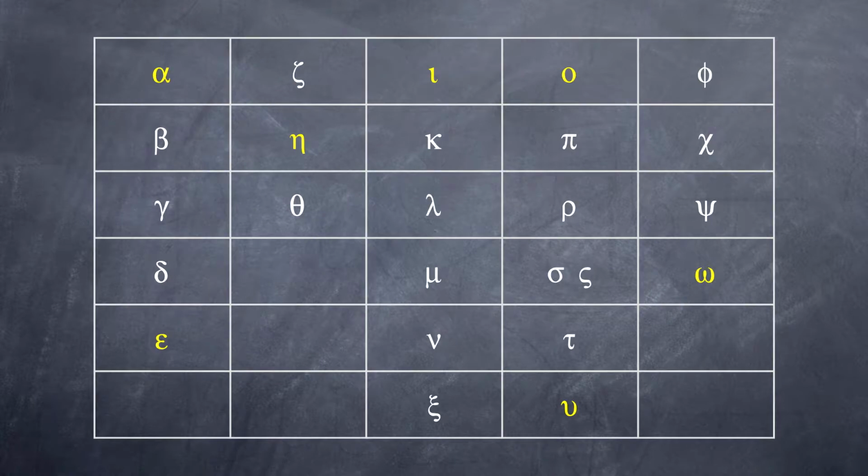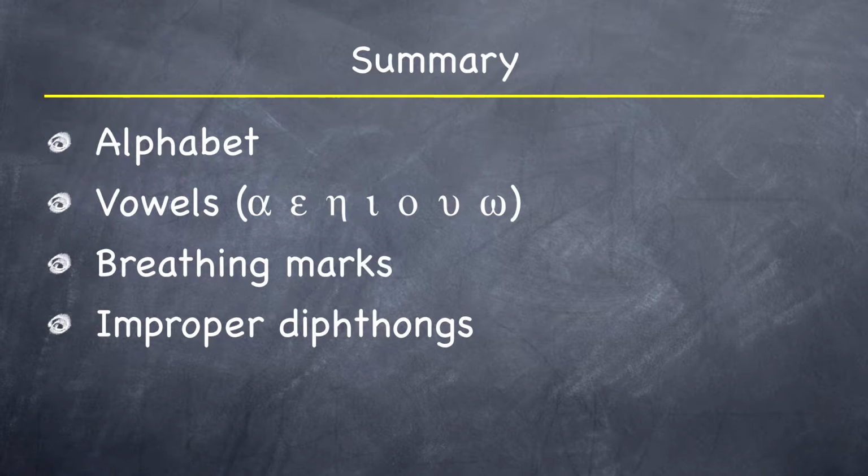And the alphabet is alpha, beta, gamma, delta, epsilon, zeta, eta, theta, iota, kappa, lambda, mu, nu, xi, omicron, pi, rho, sigma, with the two different ways it's written, tau, upsilon, and then finally phi, chi, psi, omega. We learned that the seven vowels are alpha, epsilon, eta, iota, omicron, upsilon, omega.